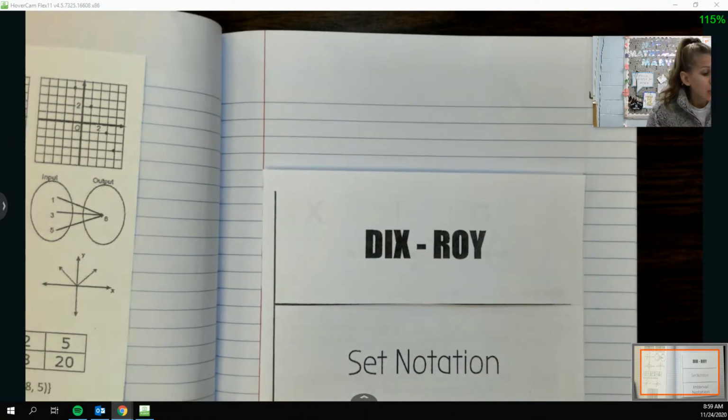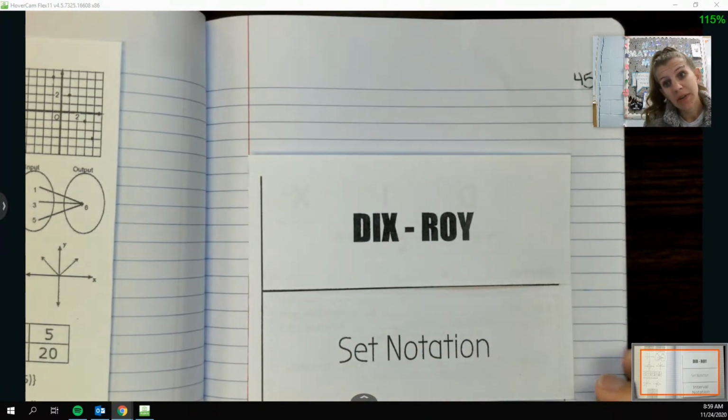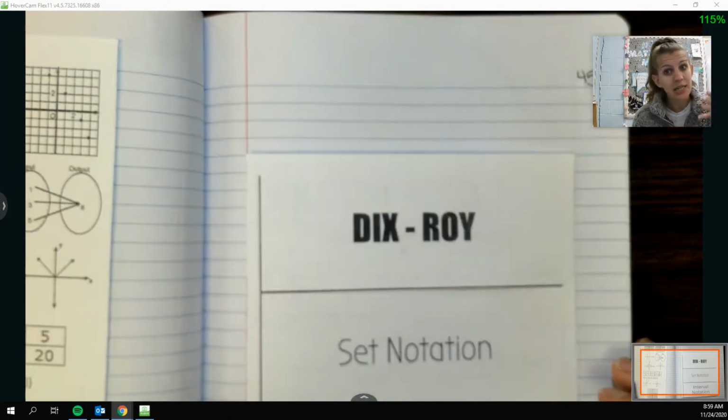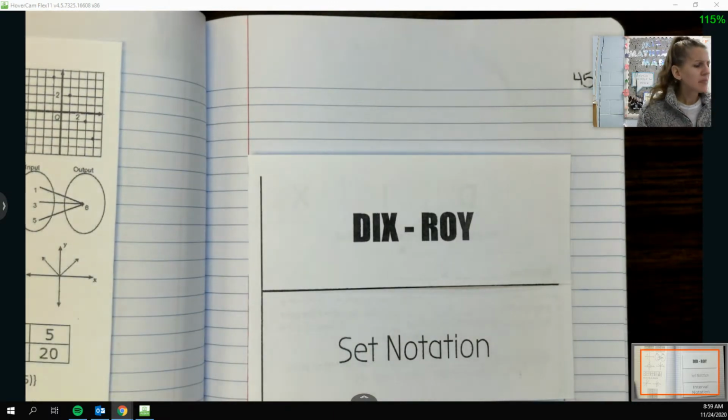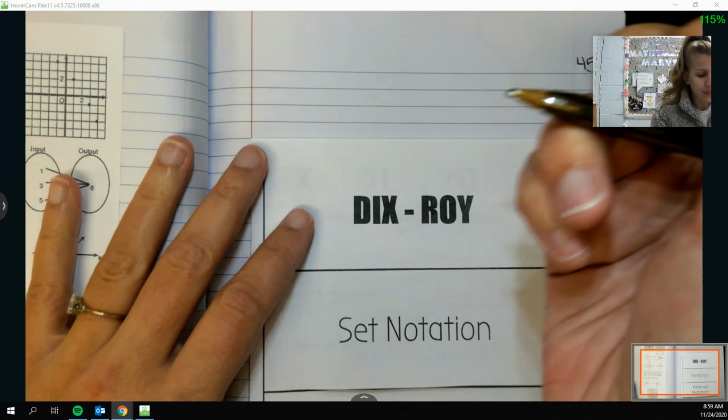So we've been talking a lot about functions, and when we are dealing with functions, we always have two variables, our x variables or our independent variables, and our y variables or our dependent variables, and they have fancier names, so that's what we're going to investigate today.